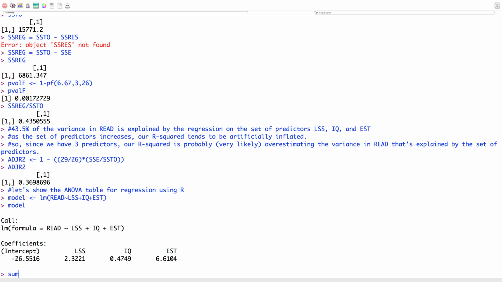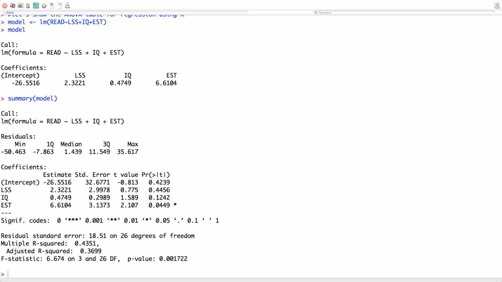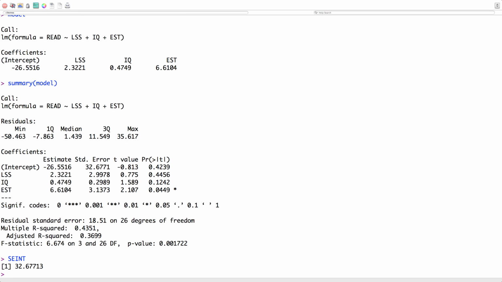Now you can do a summary here for model, and it's going to give you some standard errors and different things. I encourage you to go back and look at the standard errors. I did those, so I think I did standard error intercept, 32.6771. Again, what I'm focusing on right now is the column under standard errors.